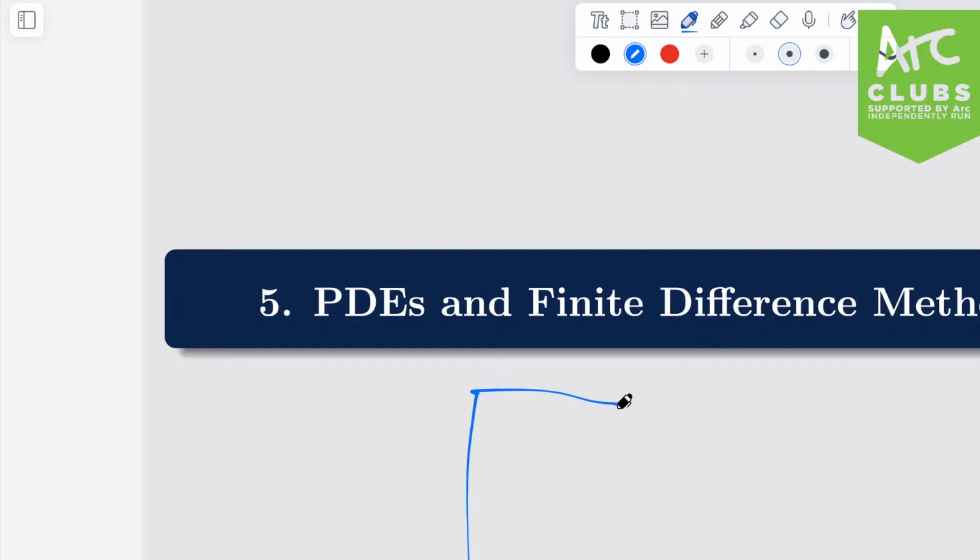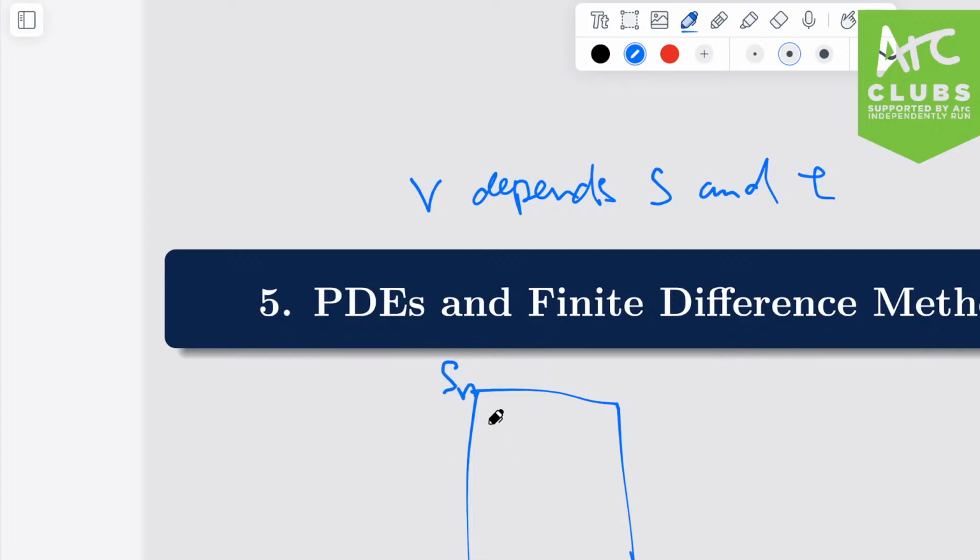So basically, my option price V is depending on S and T at any given time between 0 and capital T. And the asset price is going to be between 0 and S_n. Okay, and I'm going to divide them into a grid.